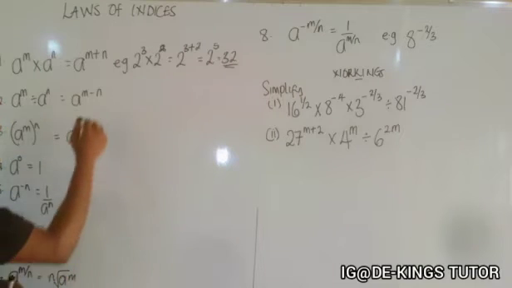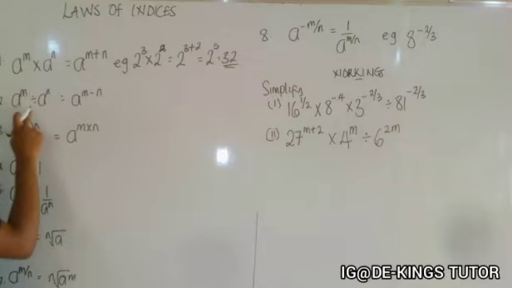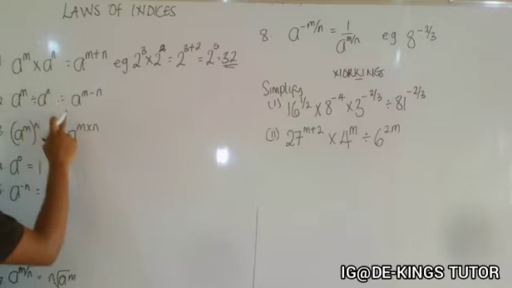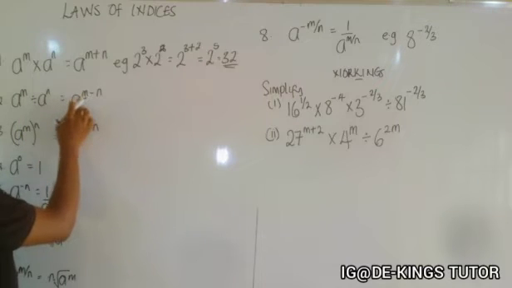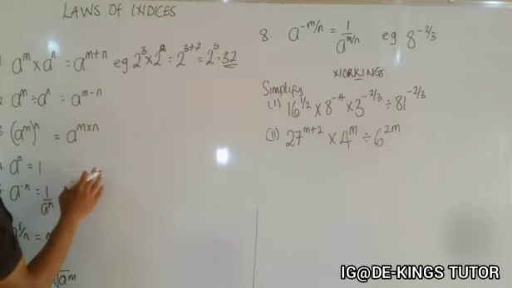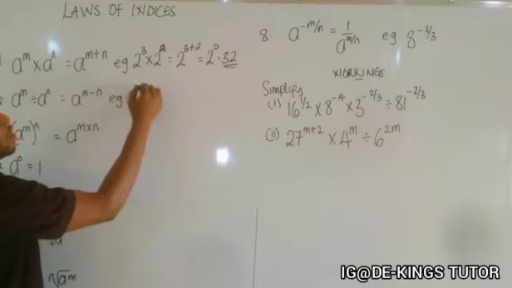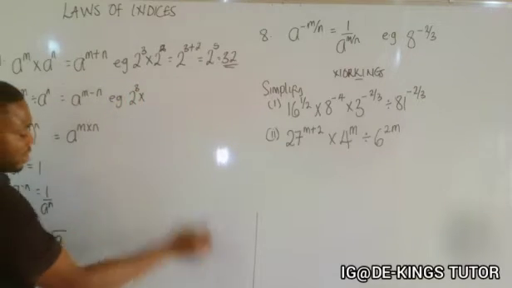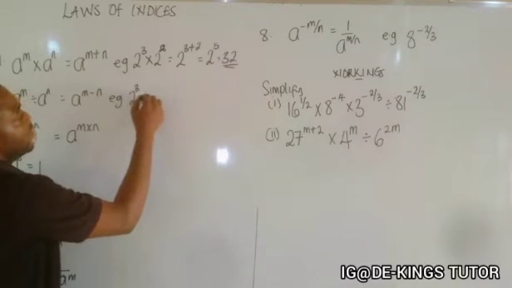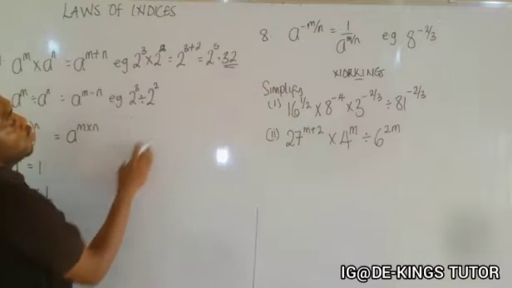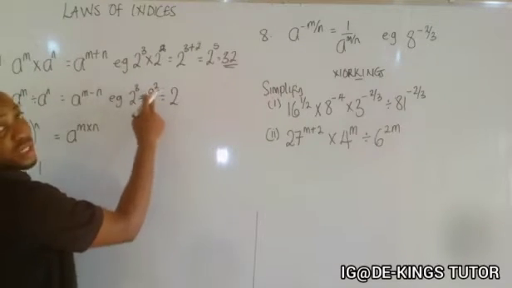Another one is a raised to m divided by a raised to n. If the bases are the same and it's division, take one of it and subtract their powers. Example, if we have 2 raised to the power 3 divided by 2 raised to the power 2, since it's division, I take one of the base and subtract the powers.